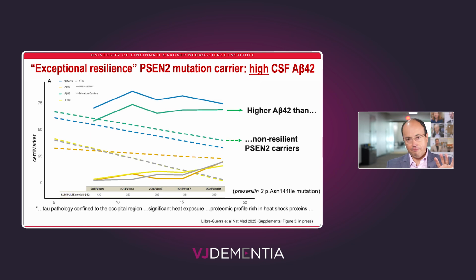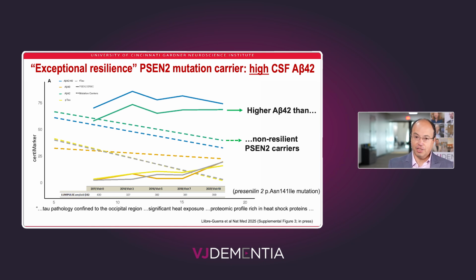And what's interesting is that very recently a presenilin-2 mutation carrier was shown to be exceptionally resilient, which essentially means that instead of developing Alzheimer's based on the mutation this individual had, he was now in his 70s, and we suspected there must have been a reason among those listed at the bottom of this slide, as the authors suggested.